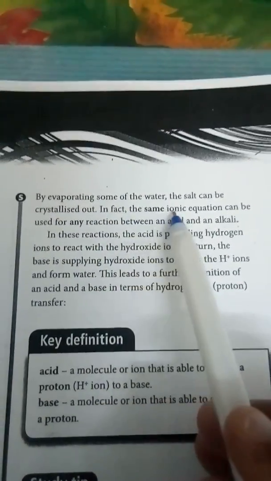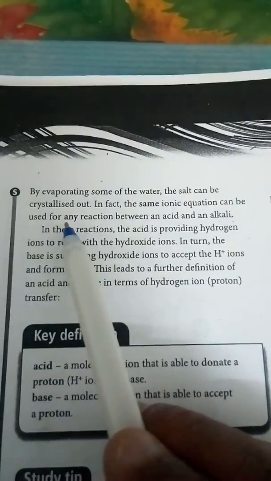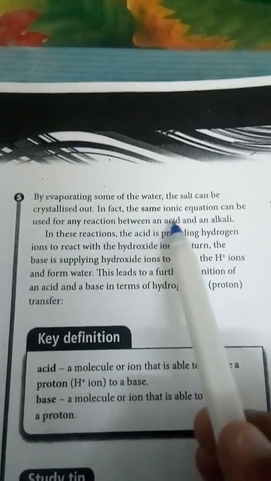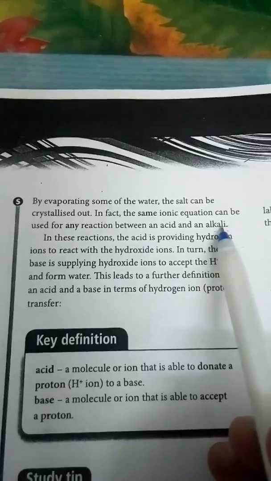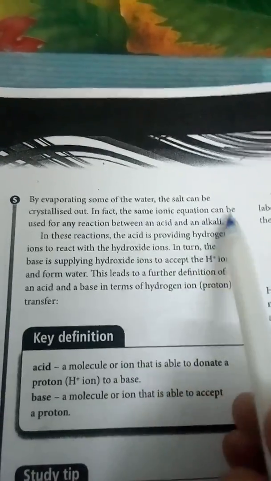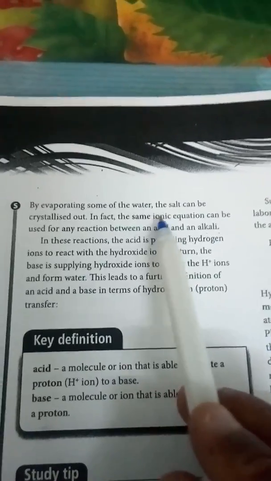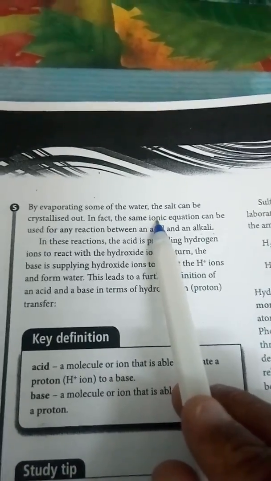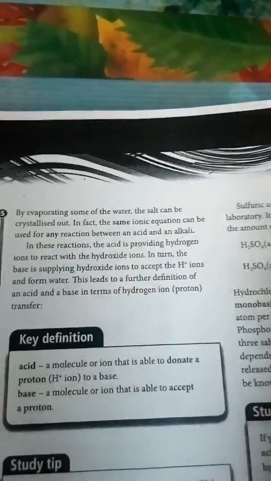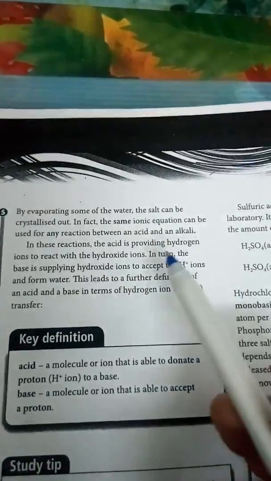In fact, the same ionic equation can be used for any reaction between an acid and an alkali. For any reaction we can write the same type of equation. Neutralization is what? The hydrogen is going to react with the hydroxide to give us water. So that is the ionic equation for any neutralization.